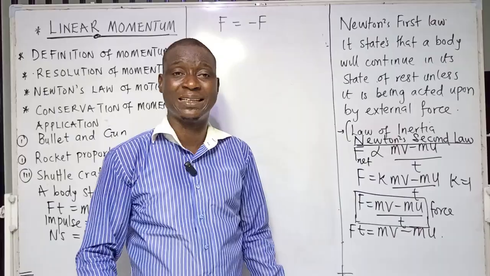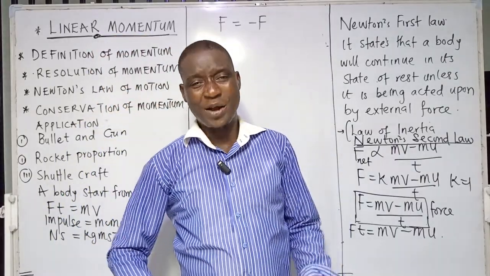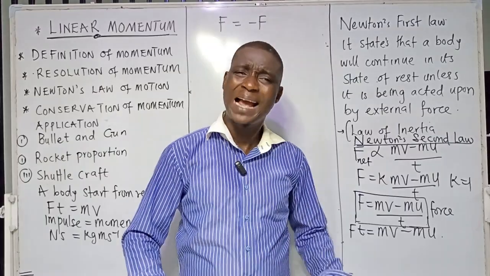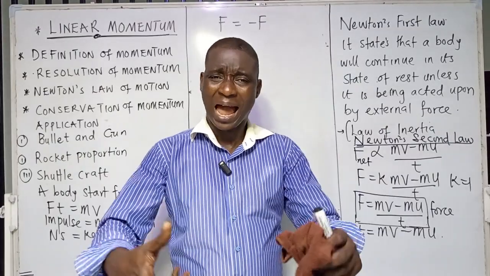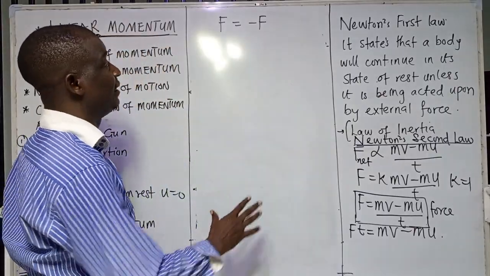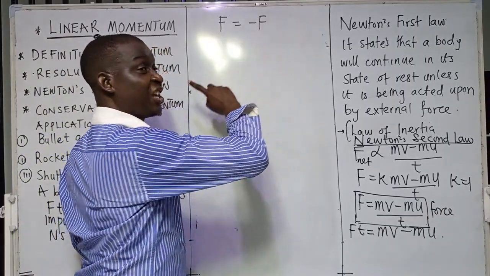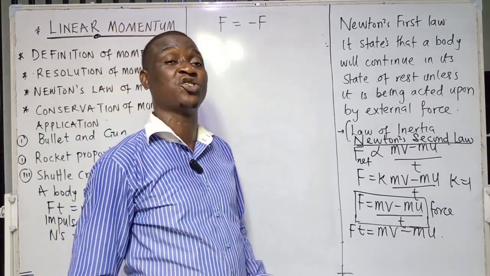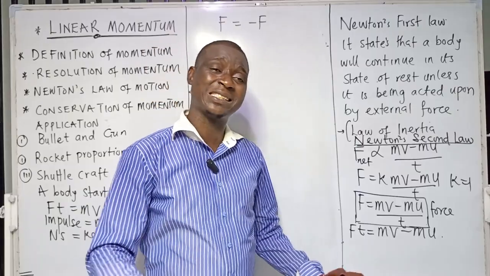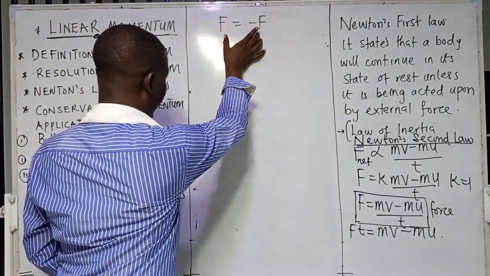If I hit a dog hard and I notice that the dog is not reacting, I'll be concerned and ask the owner why the dog is not reacting to the action I've given to the dog. So for every action, naturally, there must be a reaction. So action and reaction are equal and opposite. That is what Newton's third law is saying. For every action, there is always a reaction, and this action and reaction are equal and opposite. So leave it like this first.